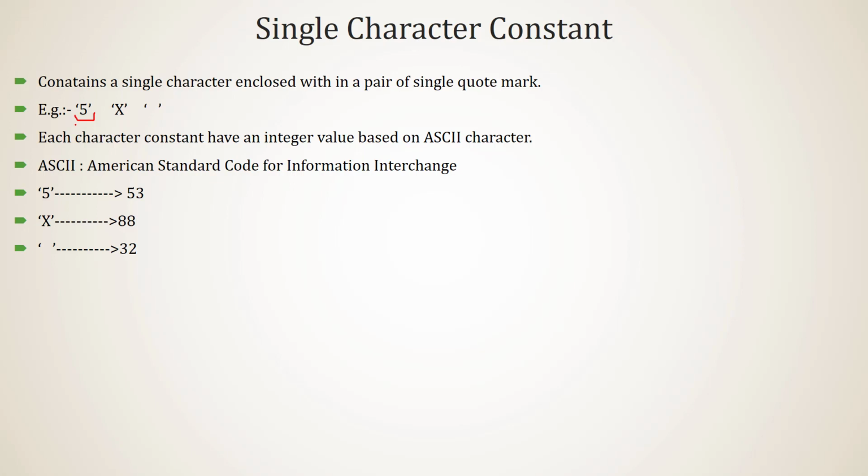If I write 5 as an integer, this 5 itself will be stored in memory, but in binary form, something similar to 0101.